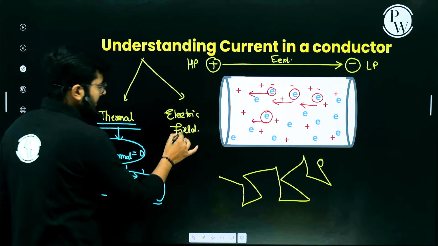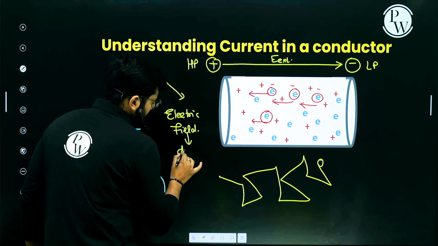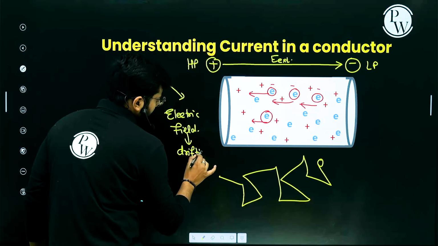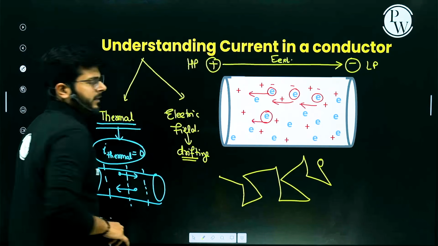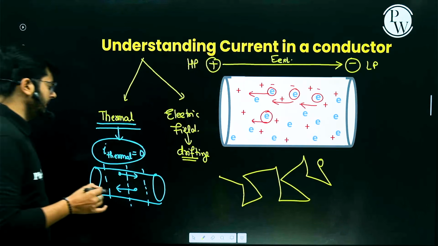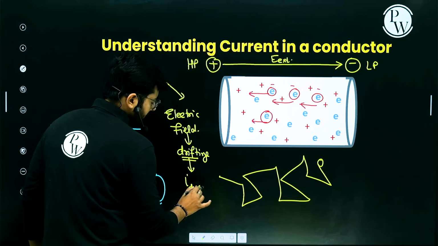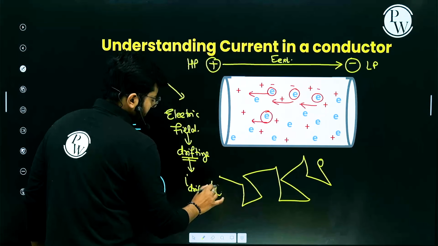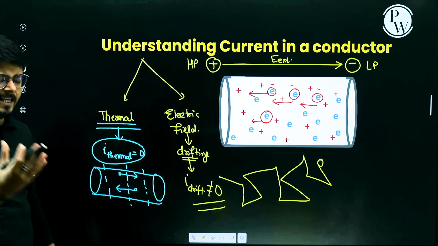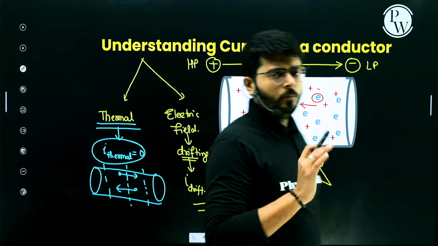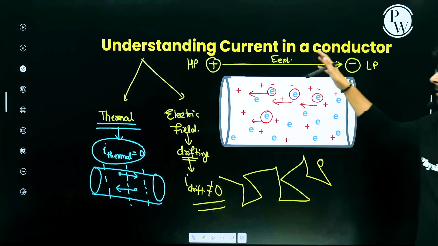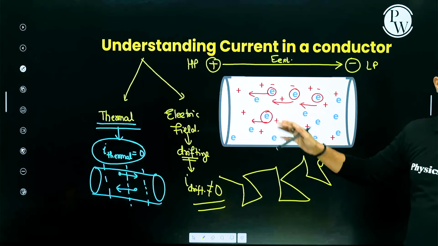So what is happening when you apply the external field? Electrons are drifting to the other end, and this drifting motion is what causes the current. The current due to the drifting motion is not zero, it has some value. So for the electric current, we need the charged particles to move.